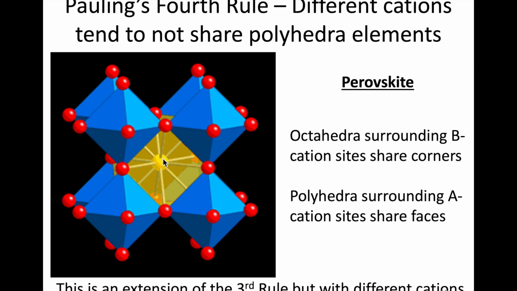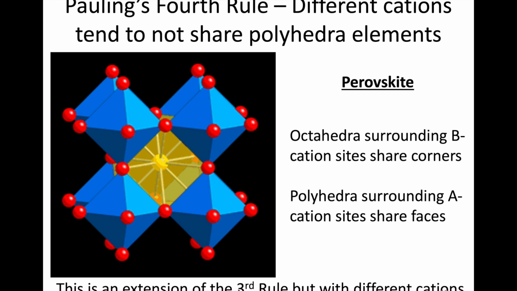So here we have one cation, and then in this polyhedra we have a different one, and they're not sharing the same element. So they have different polyhedra. This is the perovskite structure. We have octahedra for this one, and then a different polyhedra for the other one.